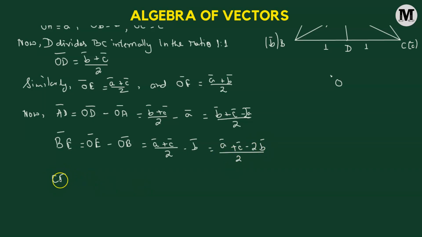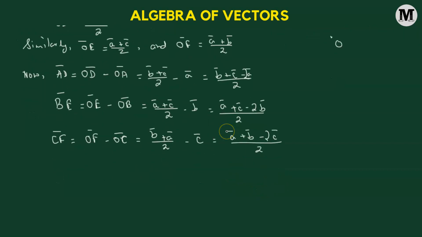And then finally we have the vector CF. CF will be OF vector minus OC vector. The OF vector is vector B plus vector A divided by 2, minus the vector C. That means we have A vector plus B vector minus 2C vector whole divided by 2.